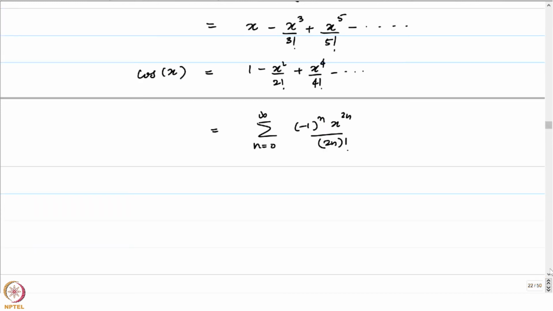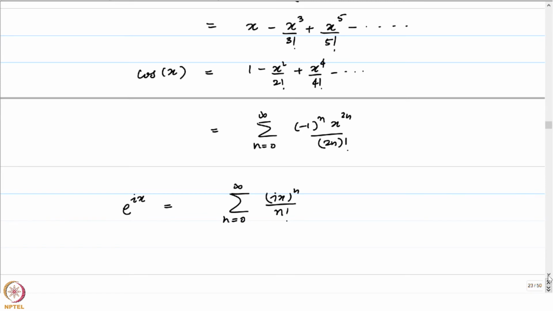Now let's look at the exponential function at the point ix. So e to the power ix is basically summation ix to the power n by n factorial, where n goes from 0 to infinity.